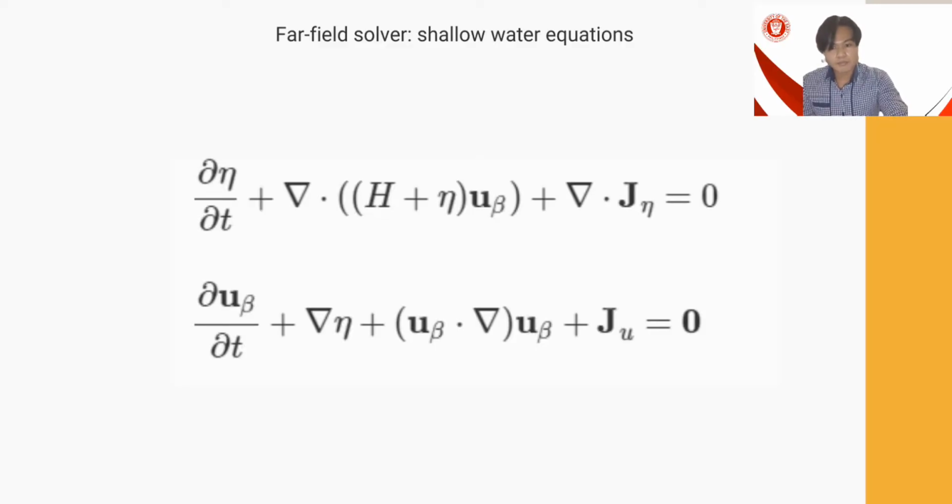The far-field solver predicts the far-field wave propagation using a simplified form of the Navier-Stokes equation. The main assumptions include incompressibility, hydrostatic pressure distribution, and small vertical velocity. After integrating the equation from the seabed to the free surface, eta, a new set of unknowns is obtained.